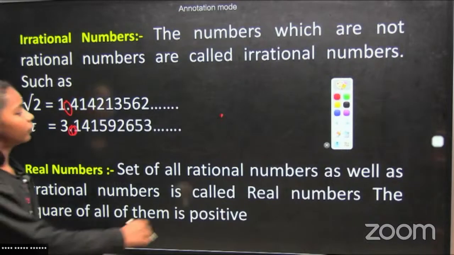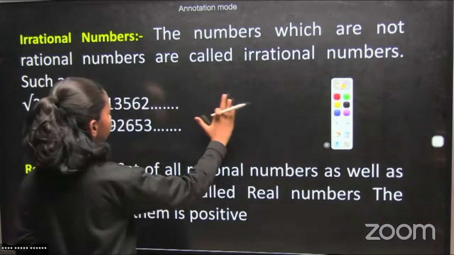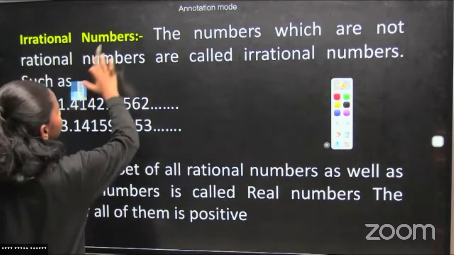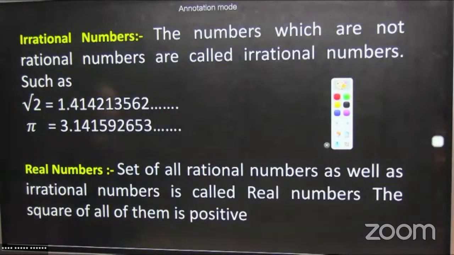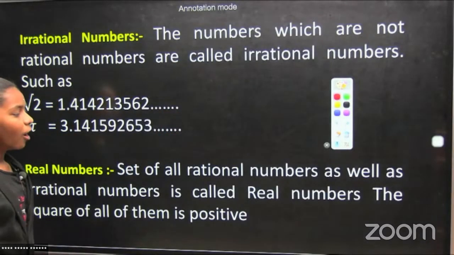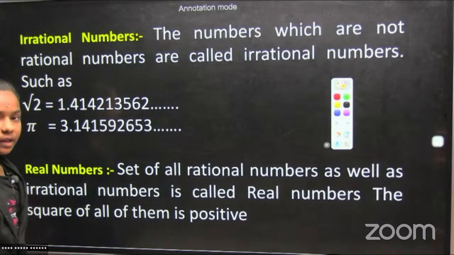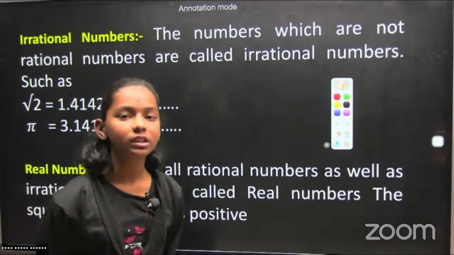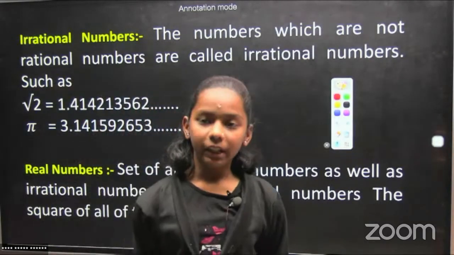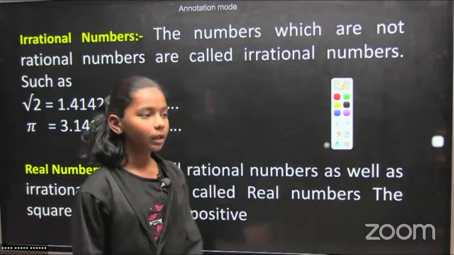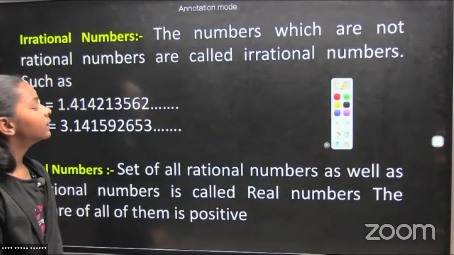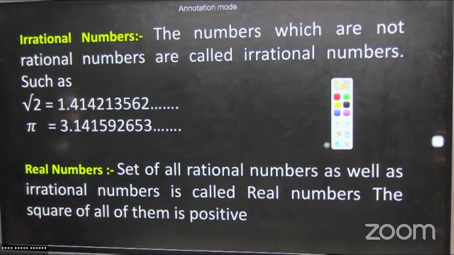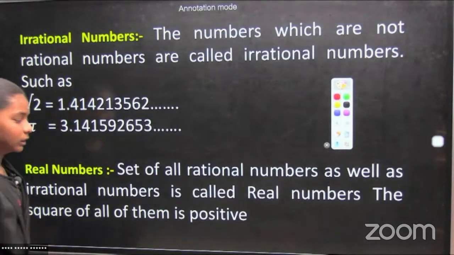Now we should move to next. Next is real numbers. The set of all rational numbers as well as irrational numbers is called real numbers. Rational numbers as well as irrational numbers.